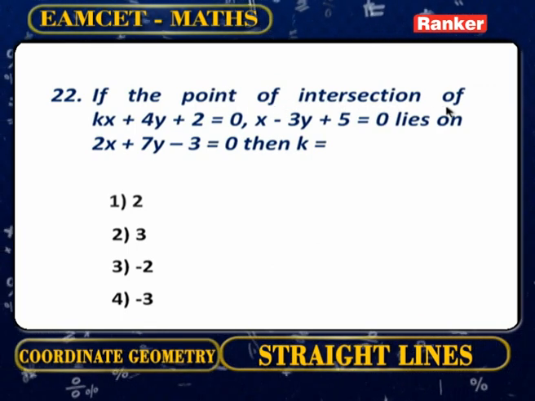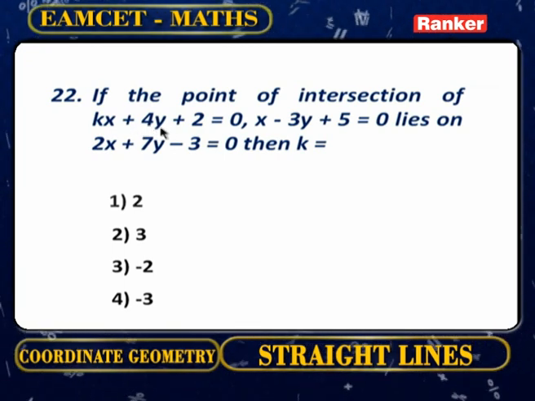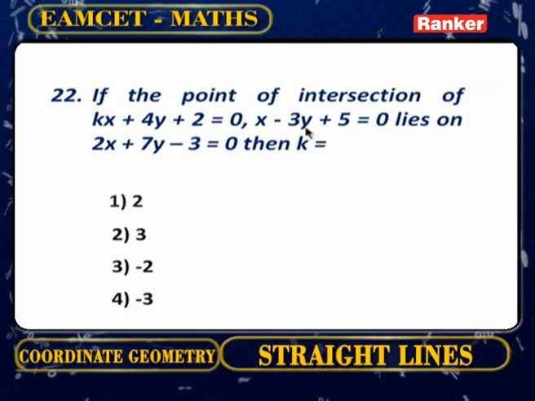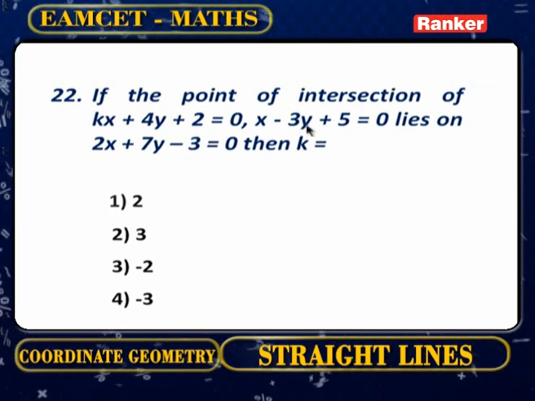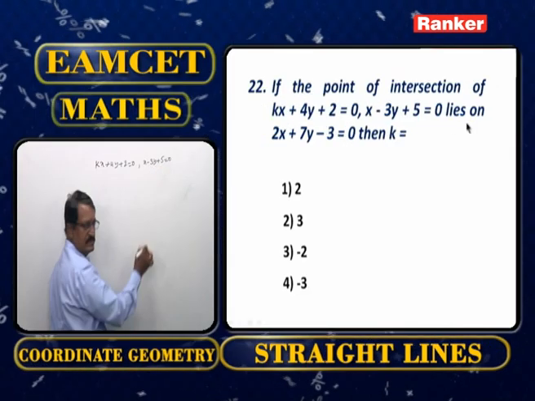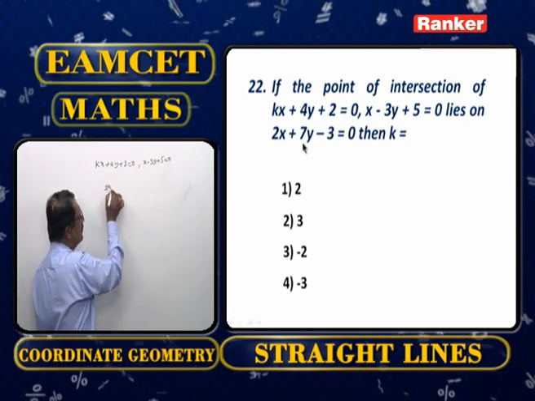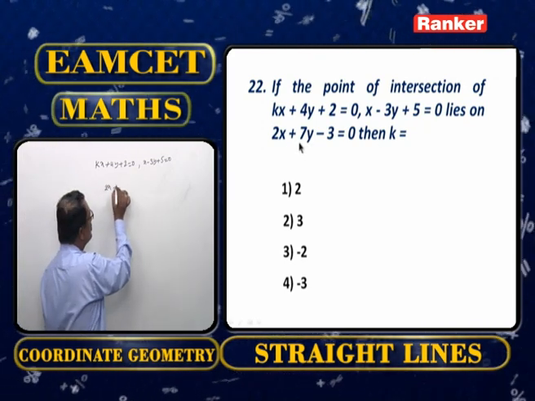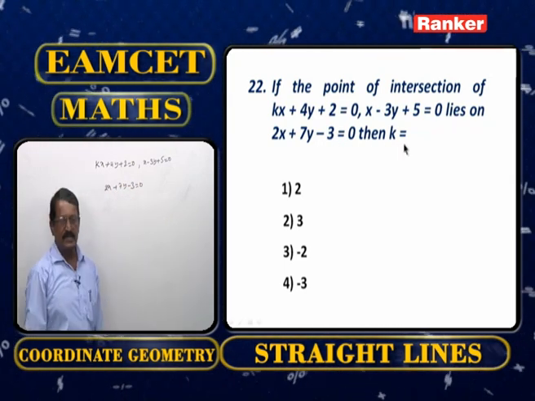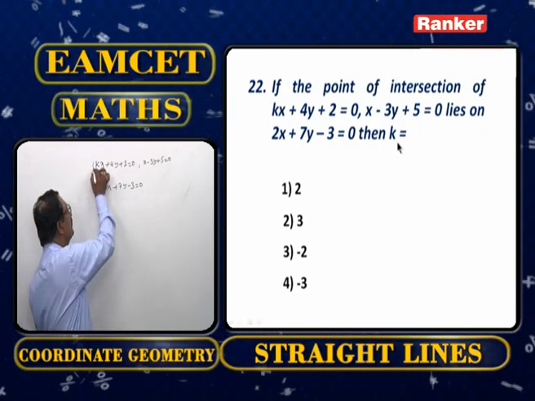If the point of intersection of Kx plus 4y plus 2 equals 0, x minus 3y plus 5 equals 0 lies on the line 2x plus 7y minus 3 equals 0, then k equals, require the value of k.